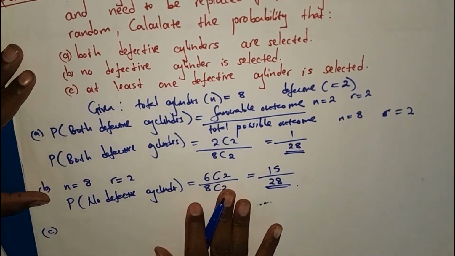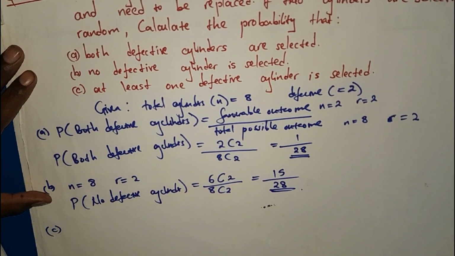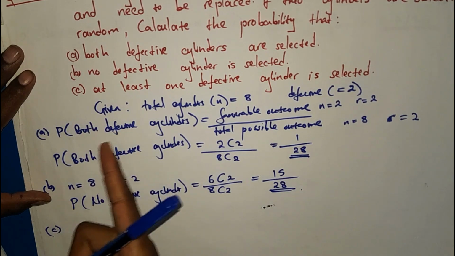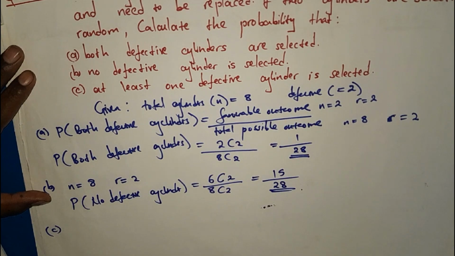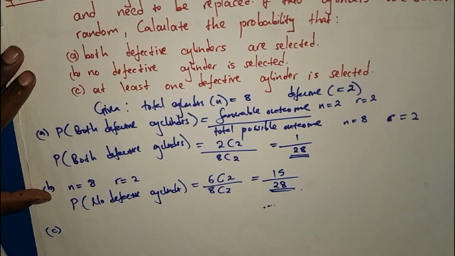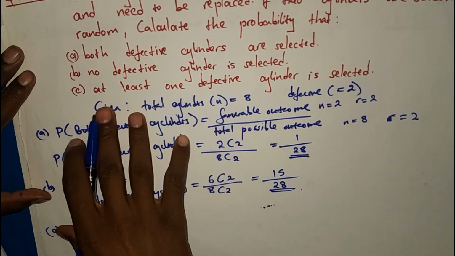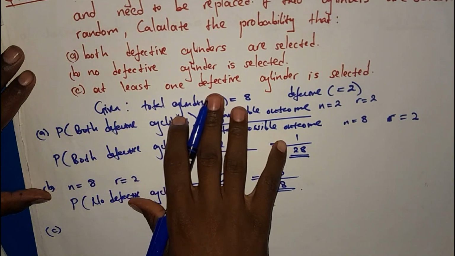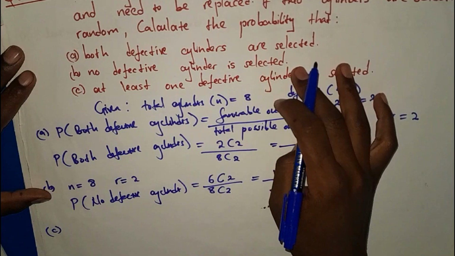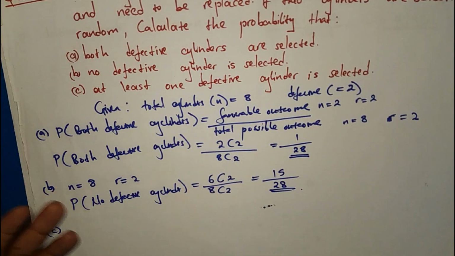C is saying at least one defective cylinder is selected. When the question says at least one defective cylinder is selected, it means it can be either 1 or 2, going upward. So the opposite of at least one defective cylinder is that no defective cylinder is selected.